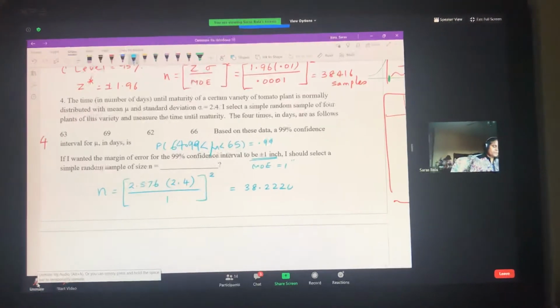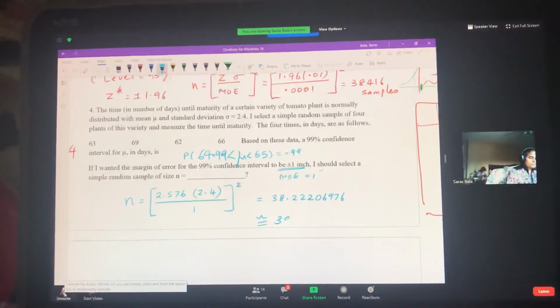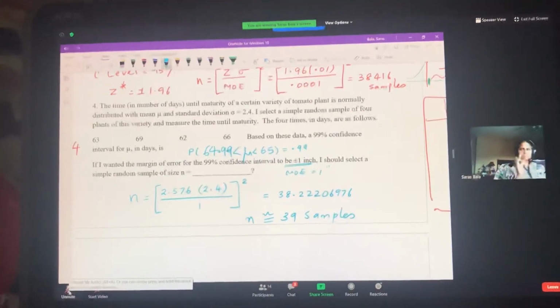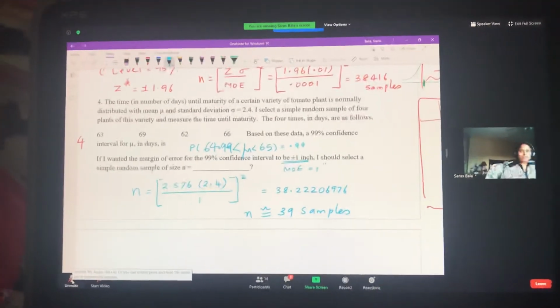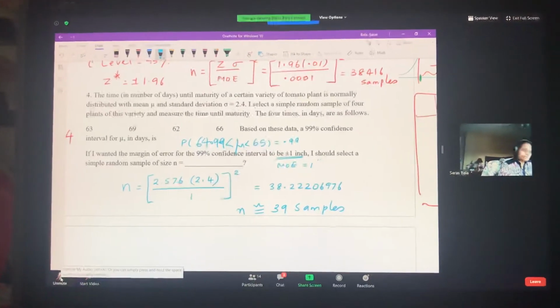It's approximately 39 samples. So always make sure to round it up. With your margin of error as 1 inch, you need to pick about 39 samples.